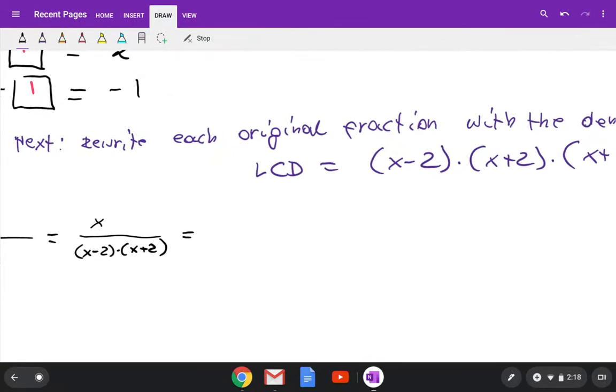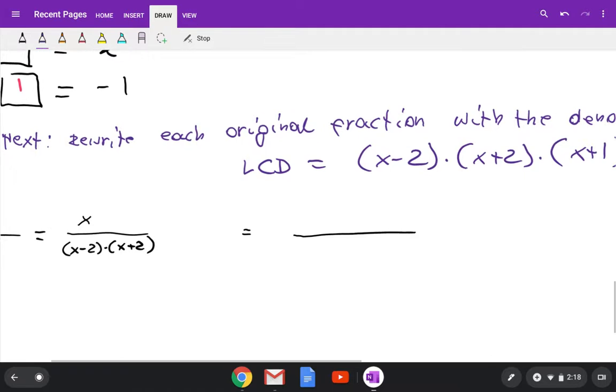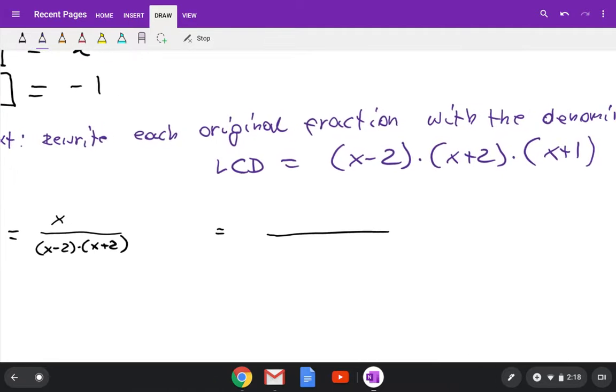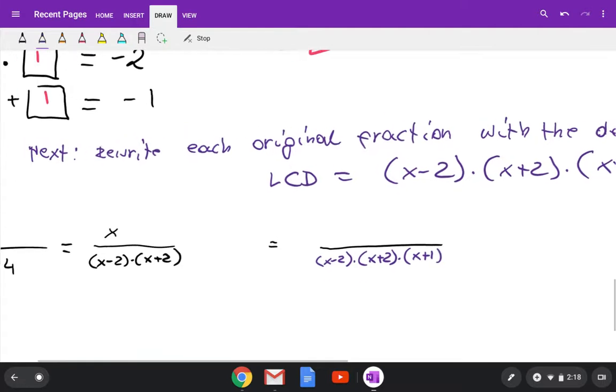For this fraction we want to have the LCD as the new denominator, which is x minus 2, x plus 2, and x plus 1. So how are we going to do it?